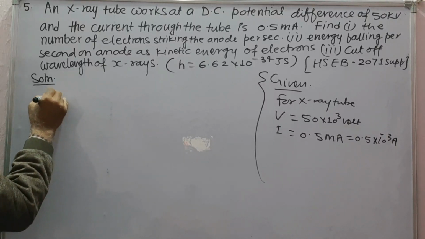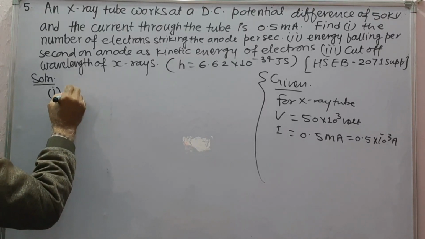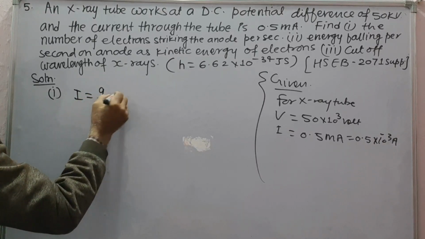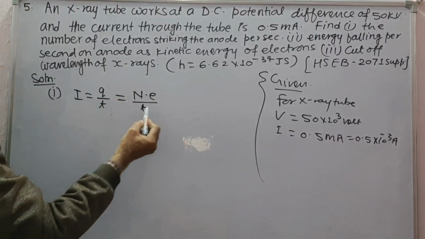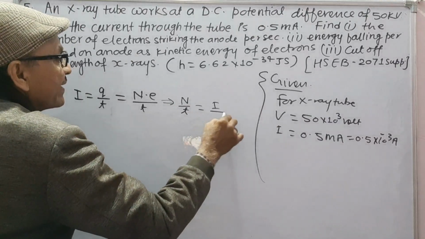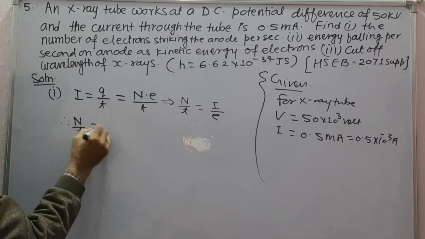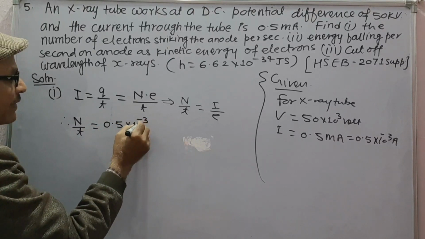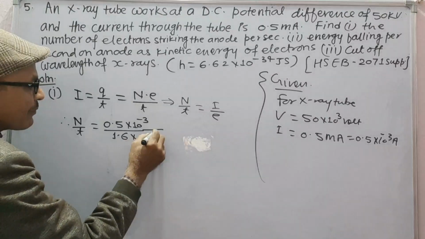First we have to find the number of electrons striking the anode per second. As I is equal to Q upon T, and Q is equal to NE, this is NE upon T. This gives N upon T as I upon E. Therefore, N upon T will be equal to 0.5 into 10 to minus 3 divided by E, 1.6 into 10 to minus 19.